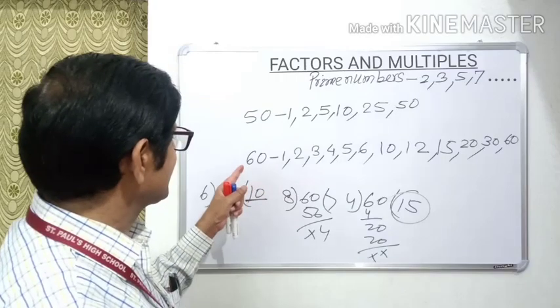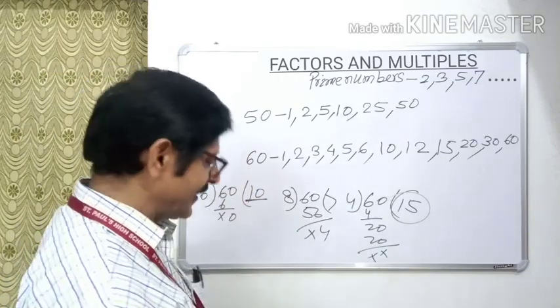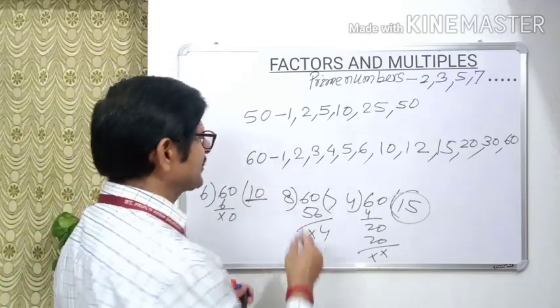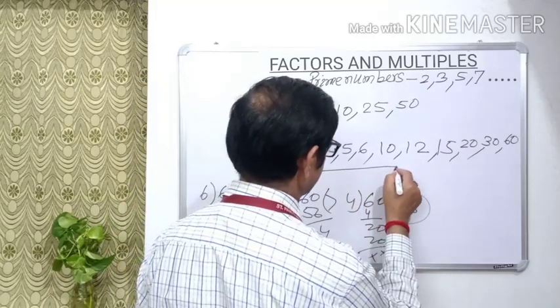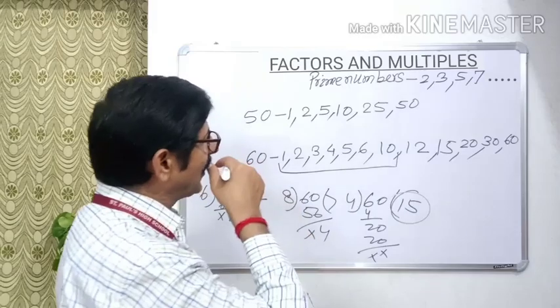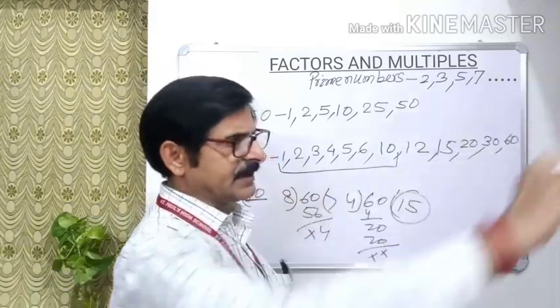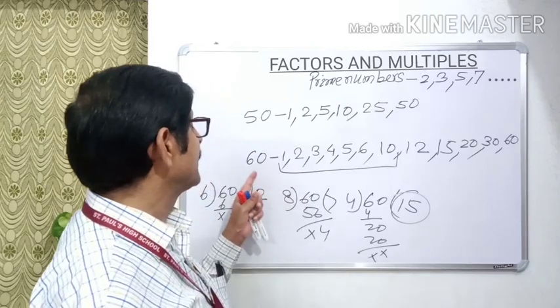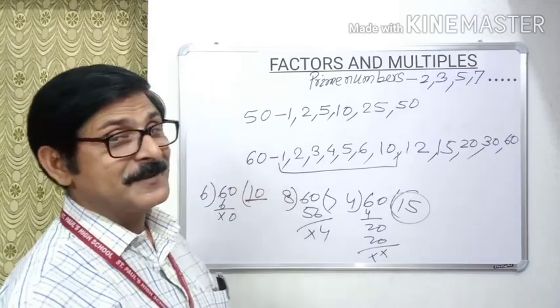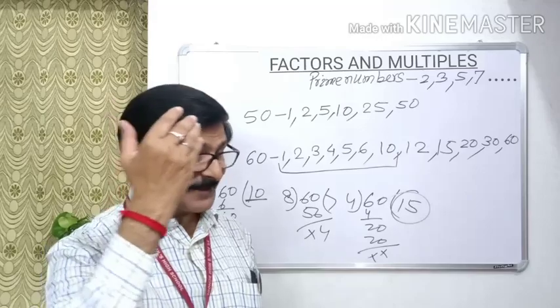This number has 12 factors, and simply by testing the divisibility up to 10, we have got all the remaining factors. Otherwise, we would have to test the divisibility by 60 numbers, isn't it?